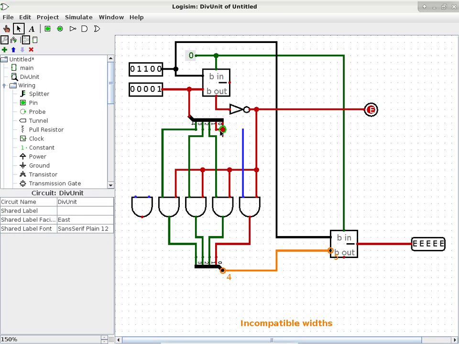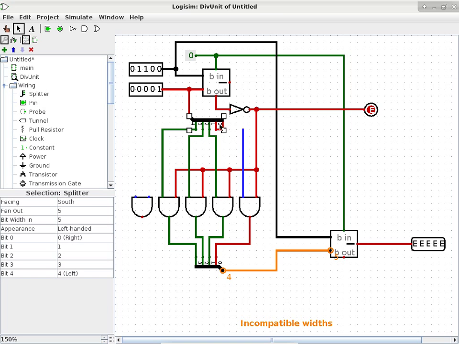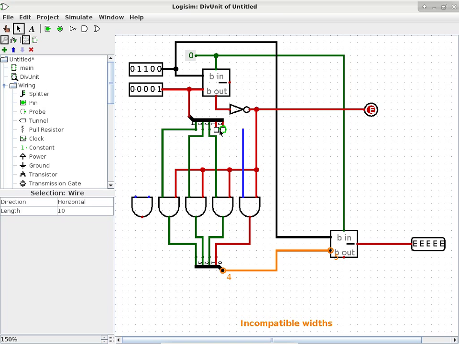It's not going to let me do this, is it? Click on your splitter, and now shift-click on your red. Ah, thank you.